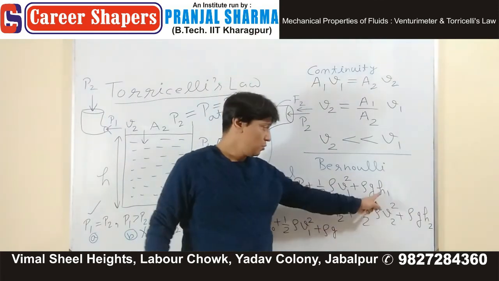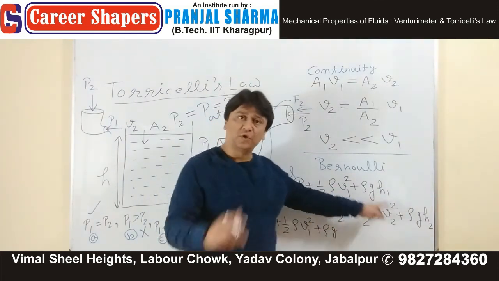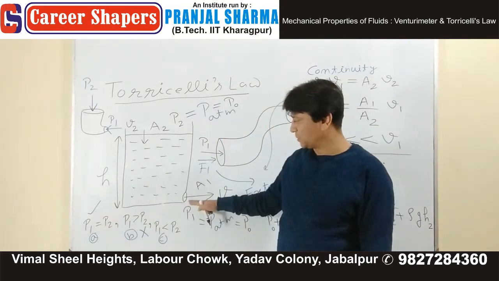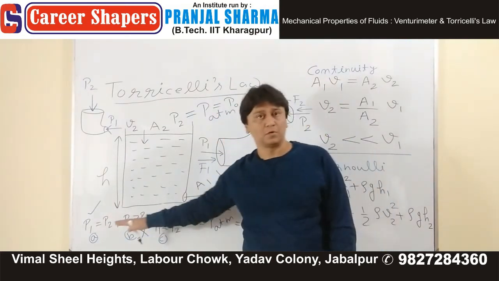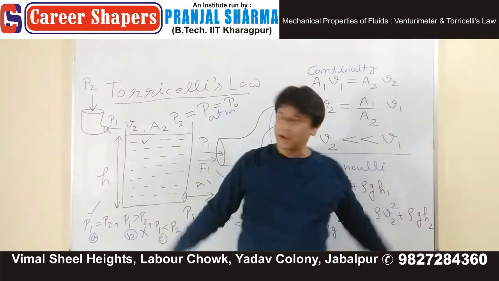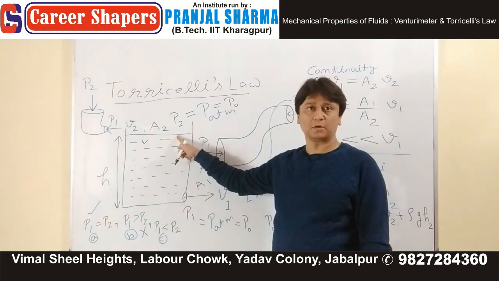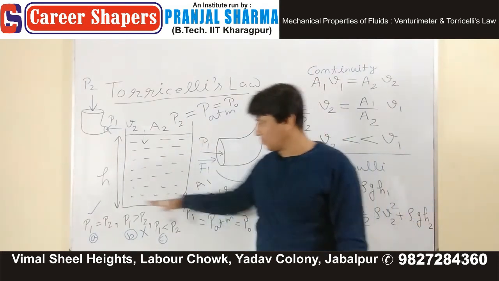Now, what is H1? H1 is height of this place from the ground. H2 is height of this place from the ground. Let's take ground at the bottom of the tank.